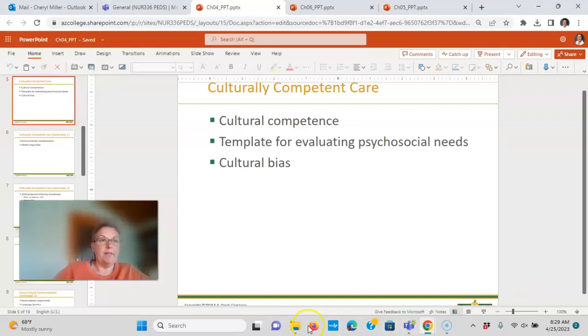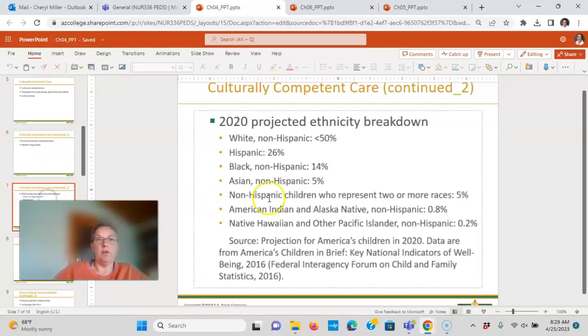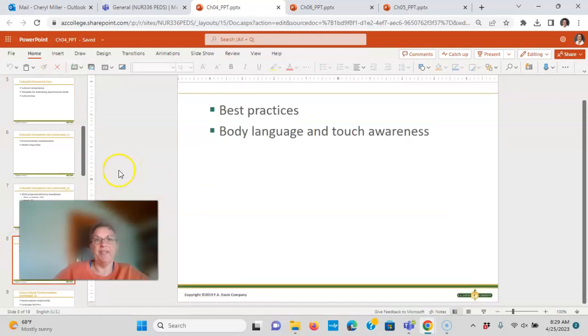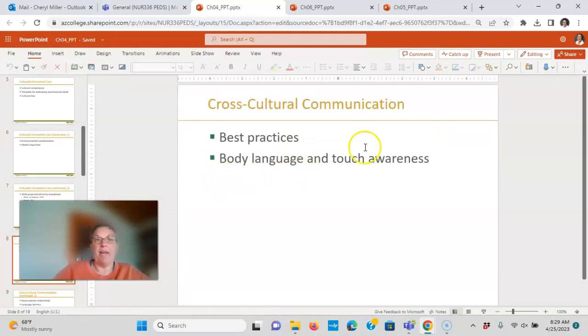Remember that body language and touch awareness are not necessarily the same in all cultures. So be very aware of eye contact, both direct and indirect.